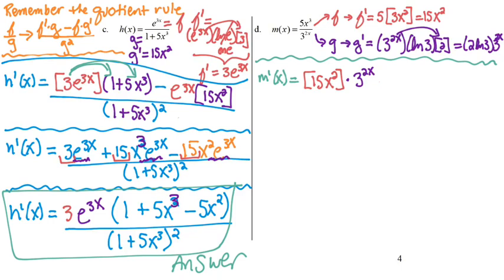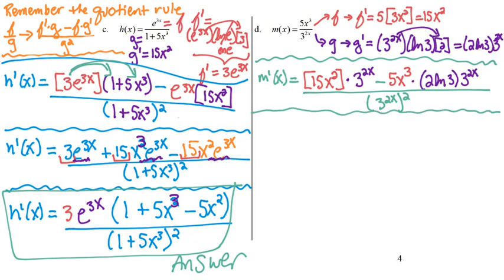Then we have minus, and the original f function, which is 5x cubed, times g prime, which in its cleaned up form is 2 natural log of 3 times 3 to the 2x. And this is all over the denominator squared. That can be cleaned up, but we're going to leave it as is, which so far has been our tradition with denominators. You generally do want them factored.